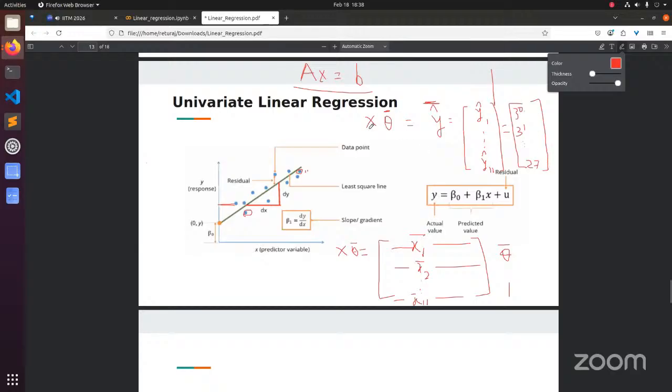And what we want is that if I put in any future date which we don't know, I multiply it with theta bar and it will tell me the temperature. So given all the data points, we also know what the prediction value should be equal to. So we want x into theta bar to be equal to this number, right?